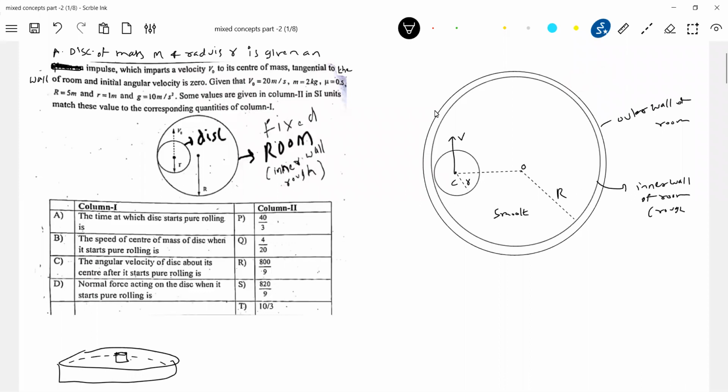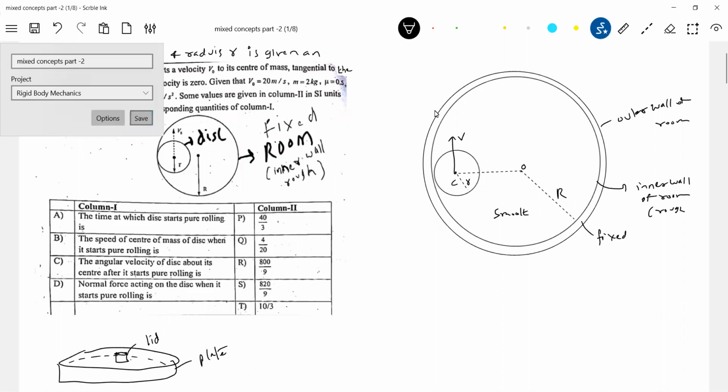When you give velocity, what will happen to it? It will be in contact with the inner wall, so there will be a normal contact. The weight mg acts into the plane of paper. As a teacher, I do have limitations, I cannot show more than this. Please do understand.